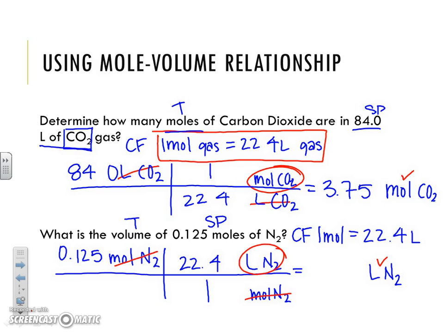Liters match our target. We're good to go. So I'm going to multiply the top together and divide by the bottom. So I get 0.125 times 22.4 divided by 1, which is simply 2.8 liters of nitrogen gas. So it's pretty simple to go back and forth between moles and liters of gas using this conversion factor.